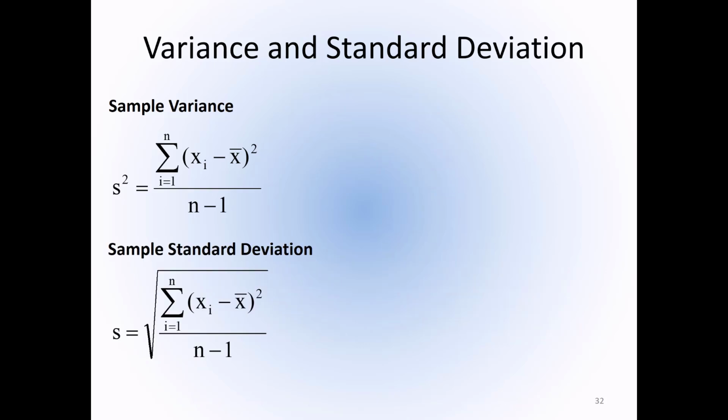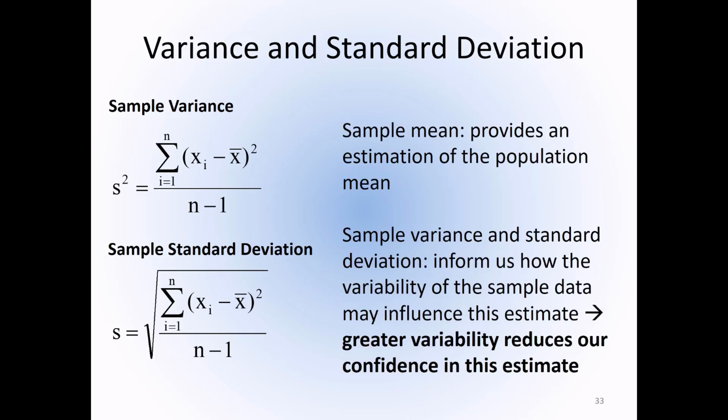So our sample variance formula is the sum of the squares of our sample in respect to our sample mean, divided by n minus 1, and then our sample standard deviation will be the square root of the variance. Our mean provides information on central tendency for our population, and our sample variance and standard deviation tell us how much variability we have, and will influence our confidence in the estimate that we have. We'll begin talking about that in the next lecture.